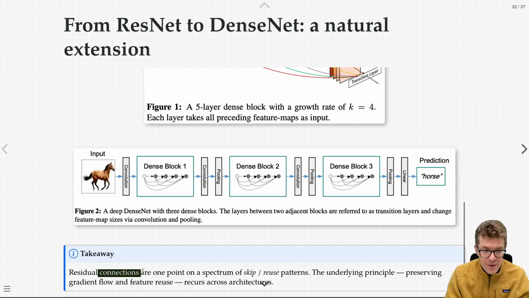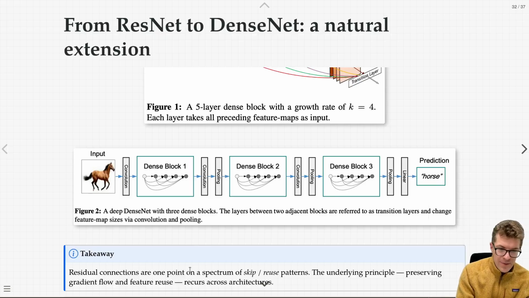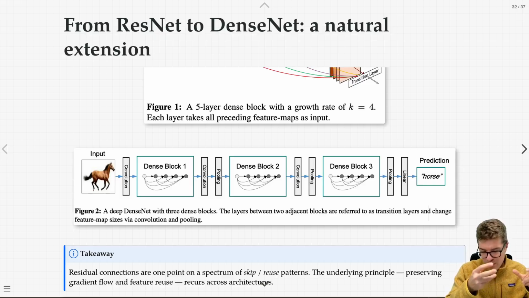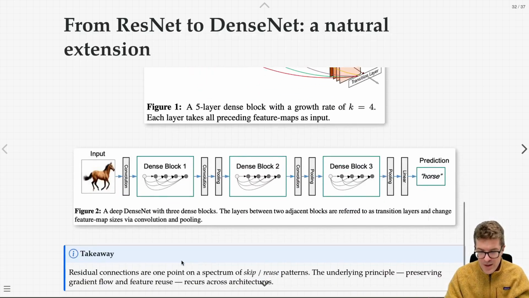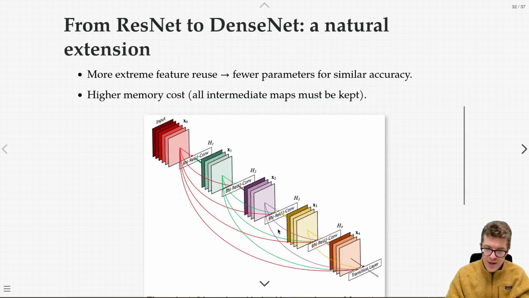The takeaway here is that residual connections are one idea, and technically a point on a spectrum or a wide landscape of models that reuse previous computations and skip them forward and jump over blocks in order to be used later. When we're doing training, we have to push gradients backwards through all of these little pipes.